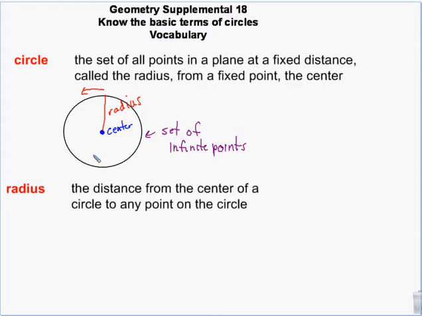If we go back to before, term A, we talked about the distance.